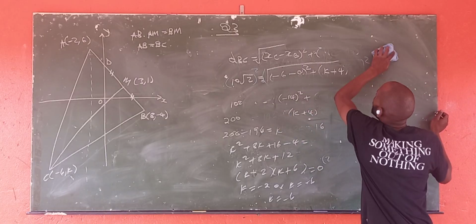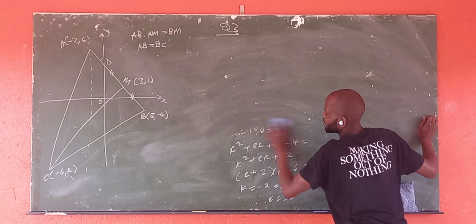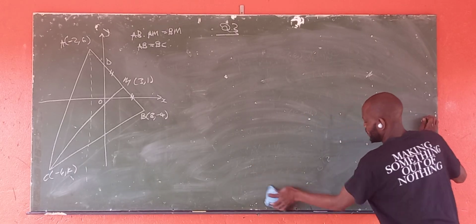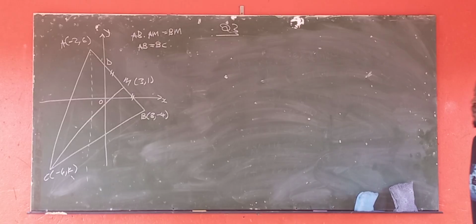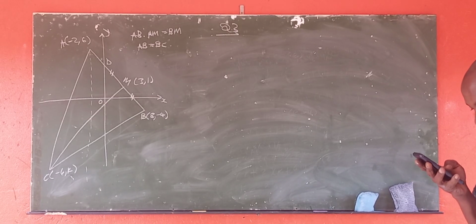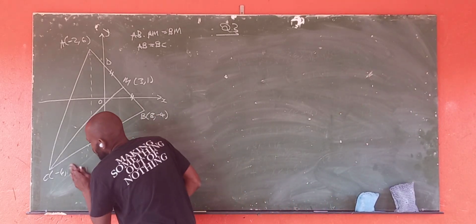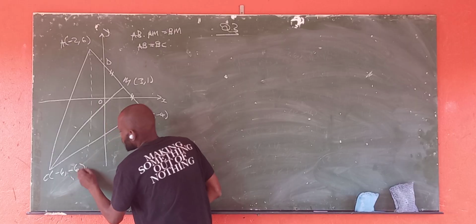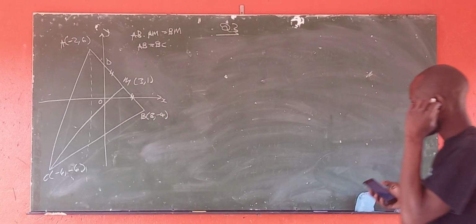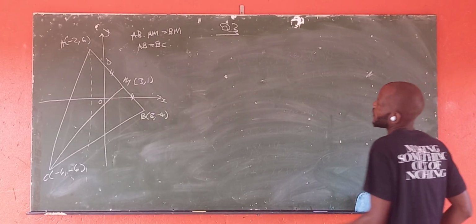Okay? Moving on. The next question asks: determine the equation of CM if k is equal to minus 6. So for that, we will first need the gradient.